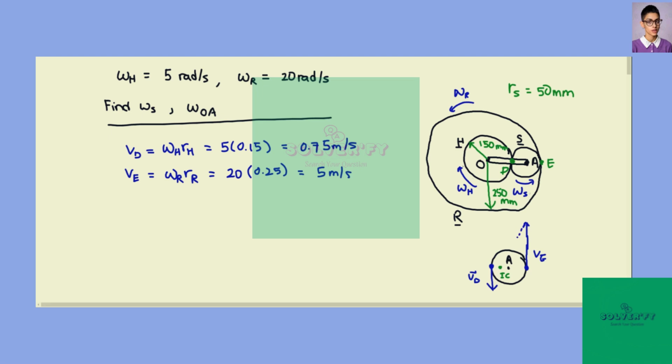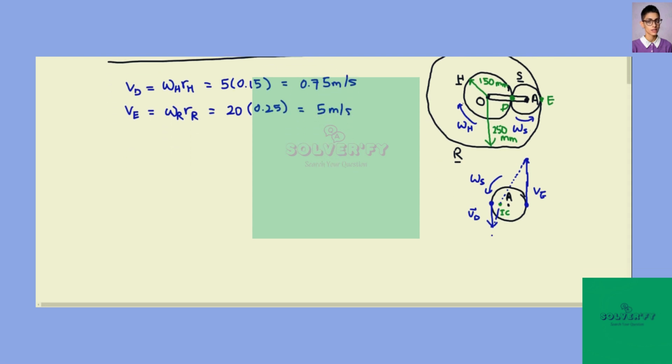These 2 points can be connected using a dotted line, and the point where it crosses this horizontal line would be the IC. So omega S will be in a counterclockwise manner, and we want to find this distance x.